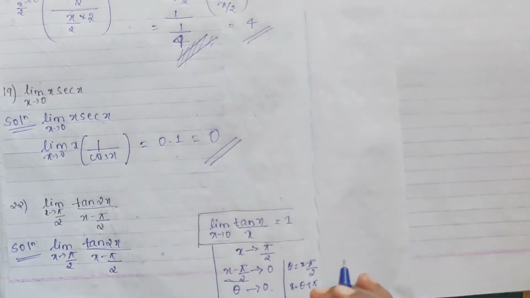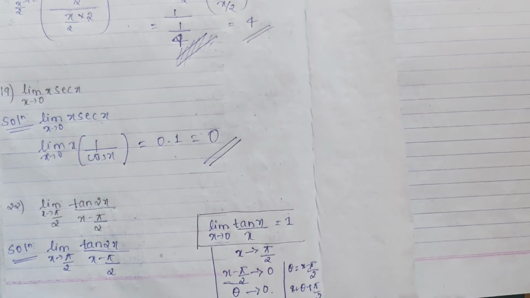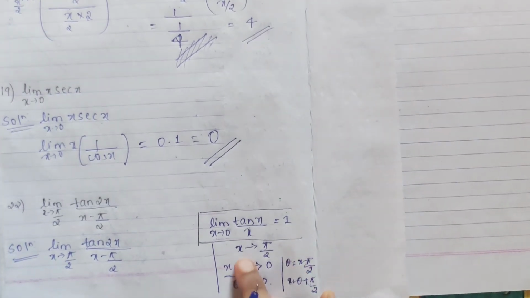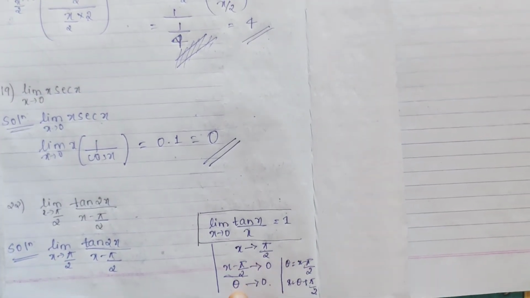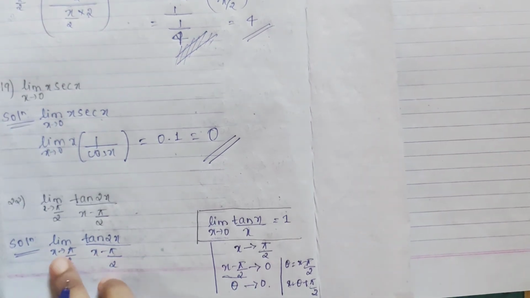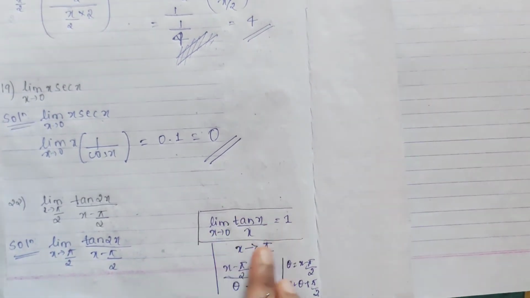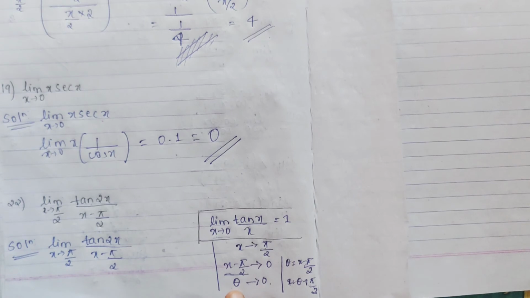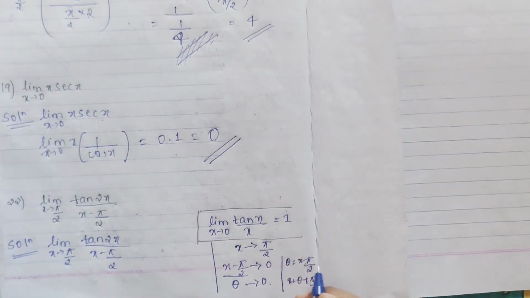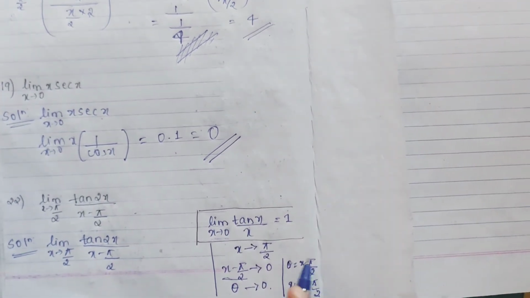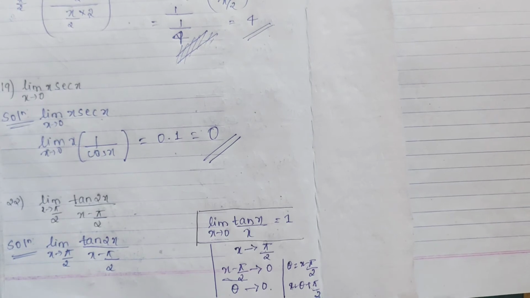We take x minus pi by 2 as theta because we don't want to write the whole thing. But you should remember that theta is x minus pi by 2, and x is theta plus pi by 2.